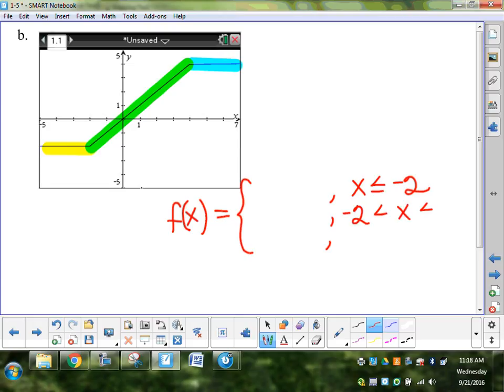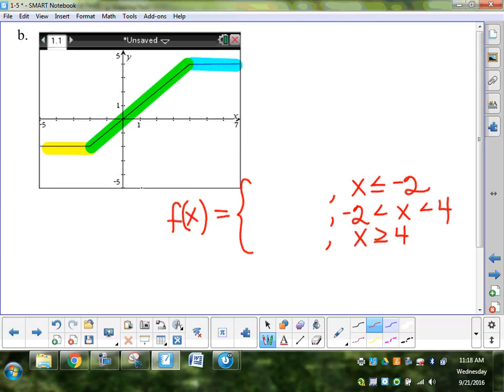Which would be less than? How about the third piece? Amanda? Equal to what? Correct. This should be easy.